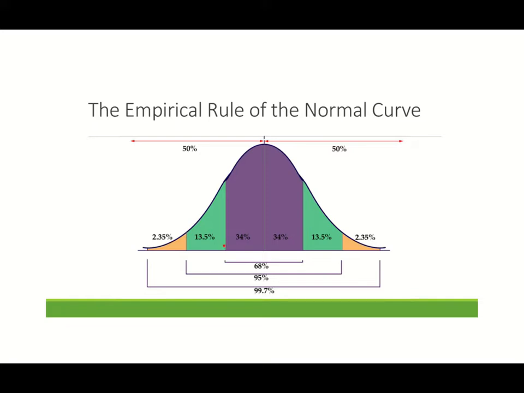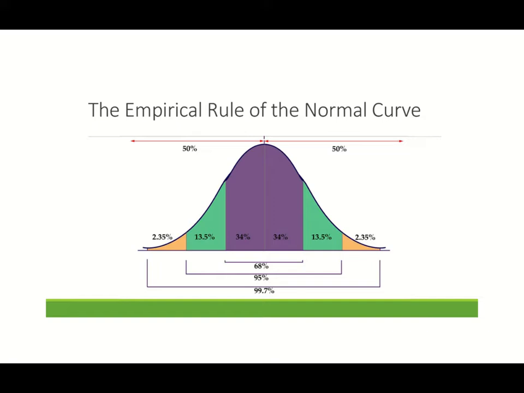We have 1 standard deviation to the left, 2, and 3. Within 1 standard deviation to the left and to the right, we have 68% of our data. In this purple area, 68% of people fall within 1 standard deviation of our mean, which means 34% are to the left and 34% are to the right.